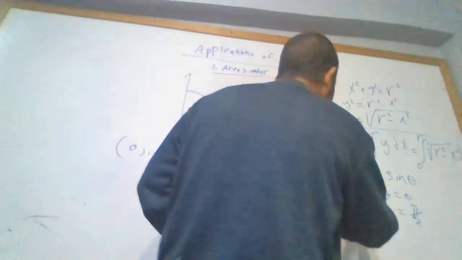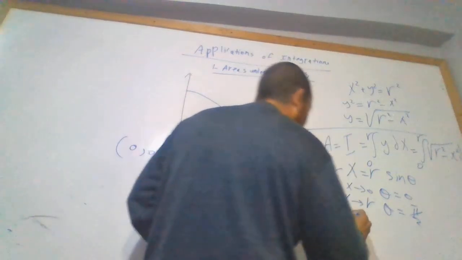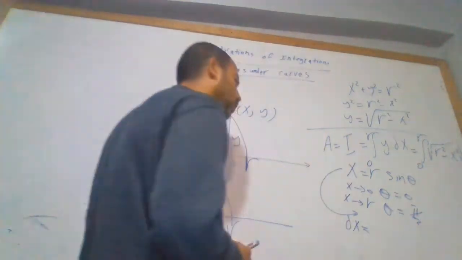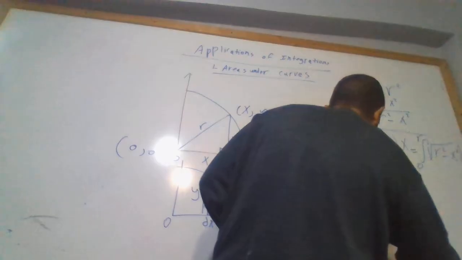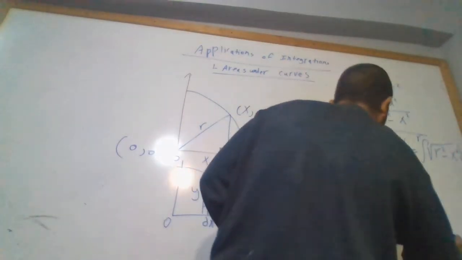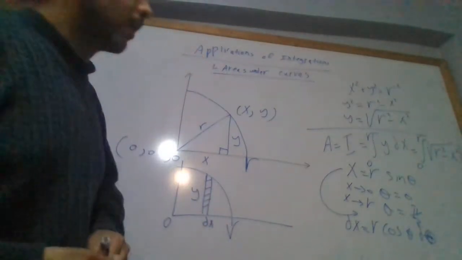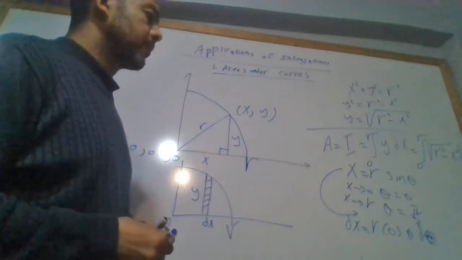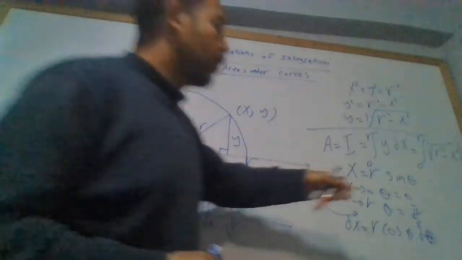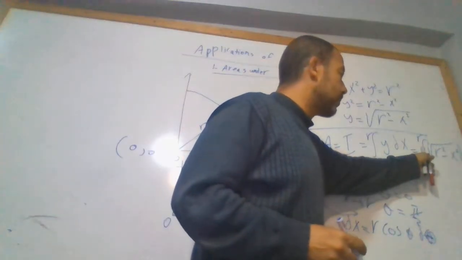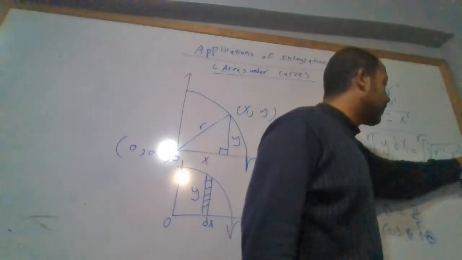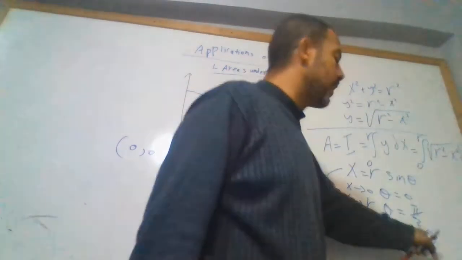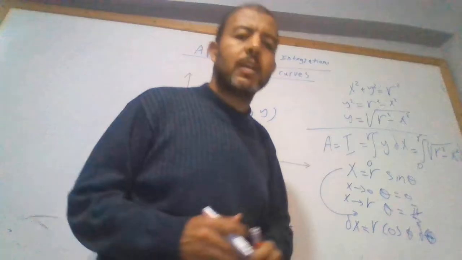And since x equals r sine theta, then dx equals r cosine theta d theta. Now we will transform all this integration. Instead of talking about x, we will talk about theta. We will change everything in terms of theta.